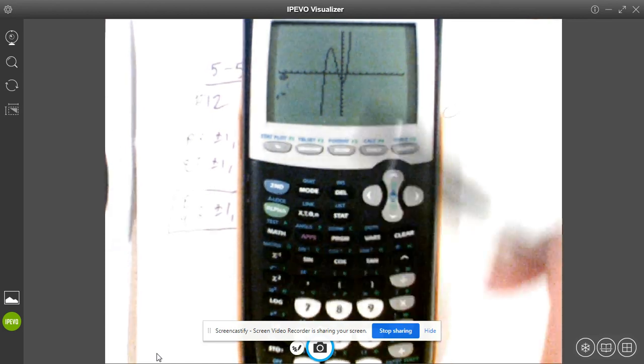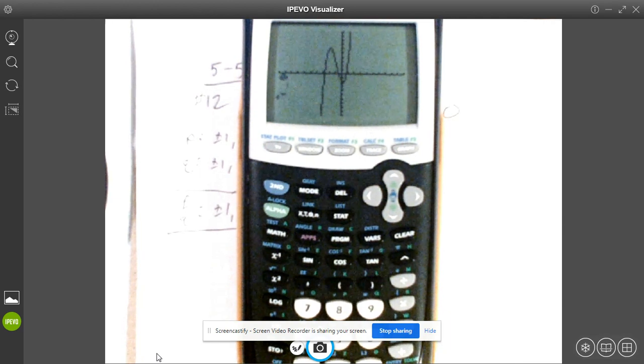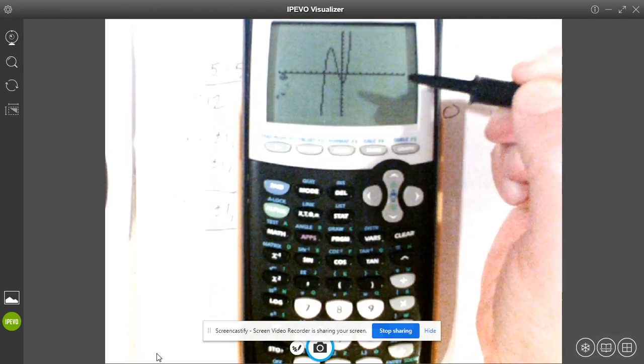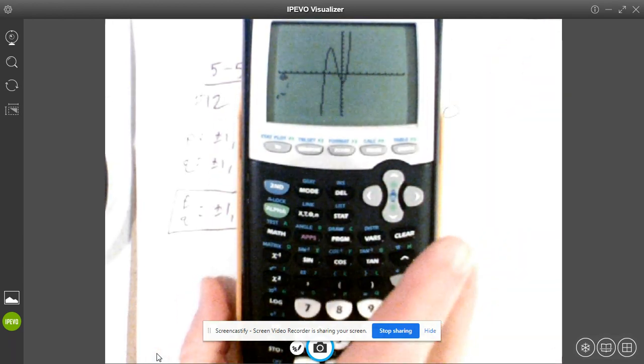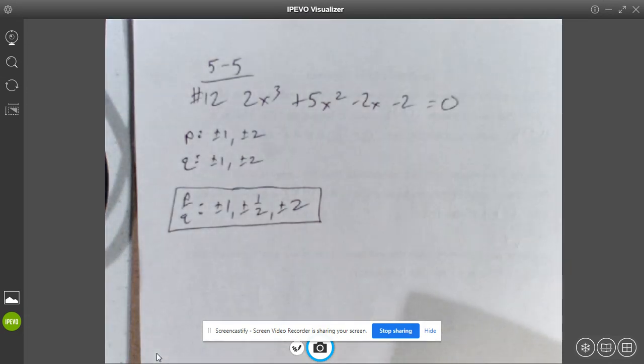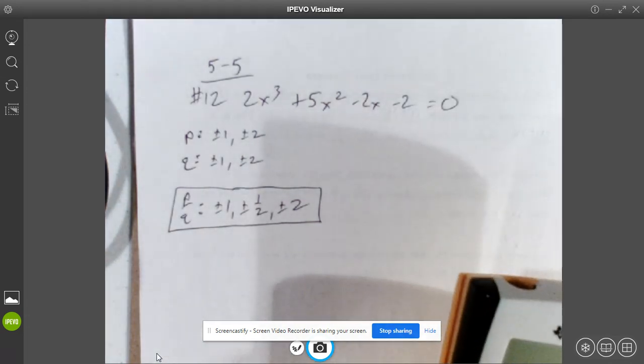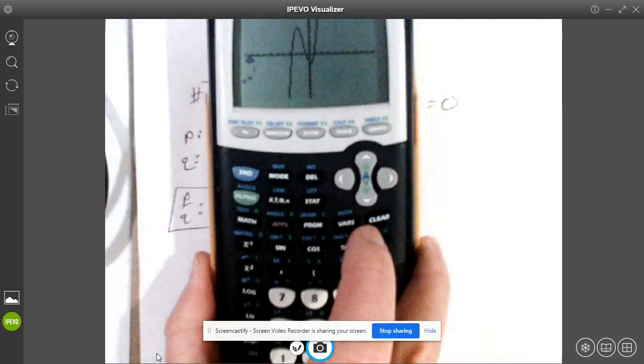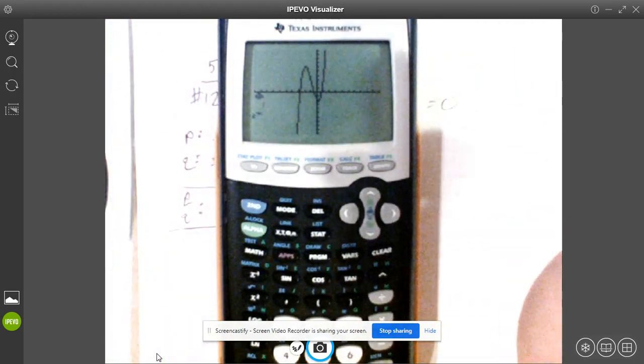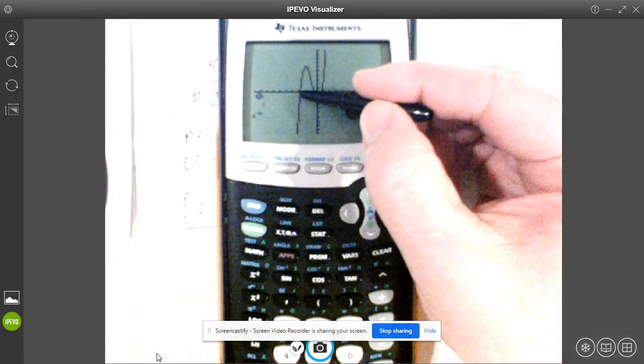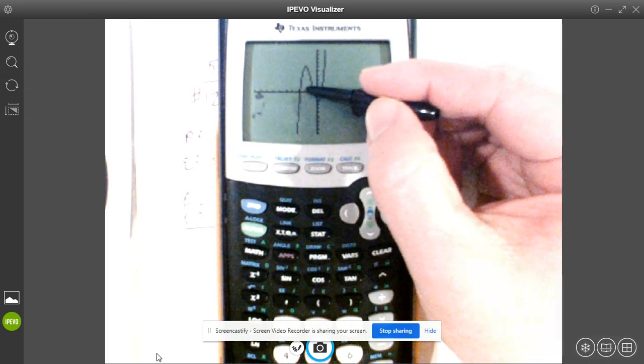As I look, my possibilities here are where this thing crosses the x-axis, knowing that it's got to be in this list: positive or negative 1, positive or negative 1/2, positive or negative 2. This one looks to be out past like -3.